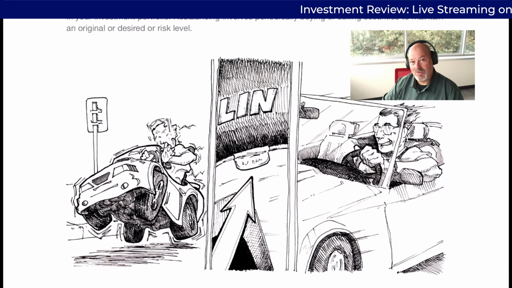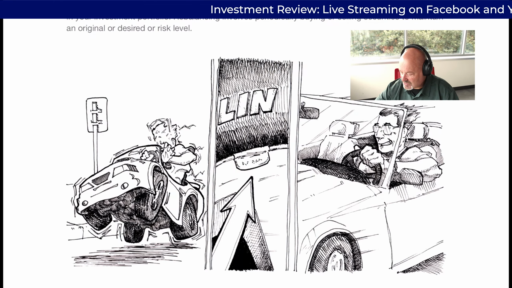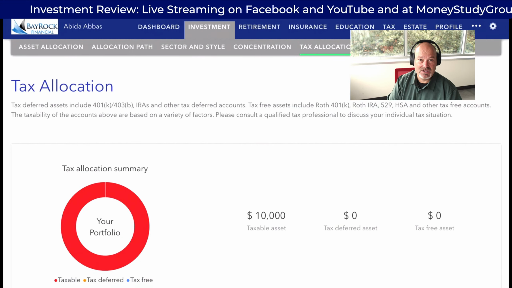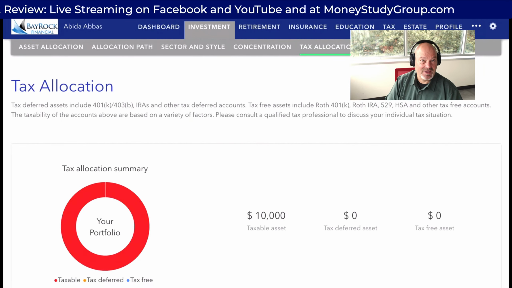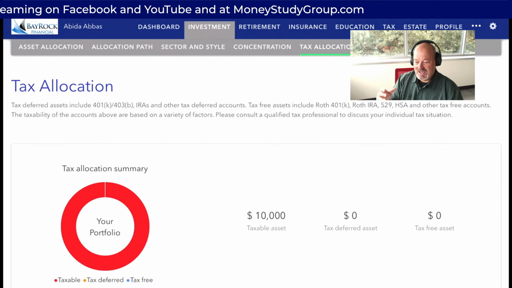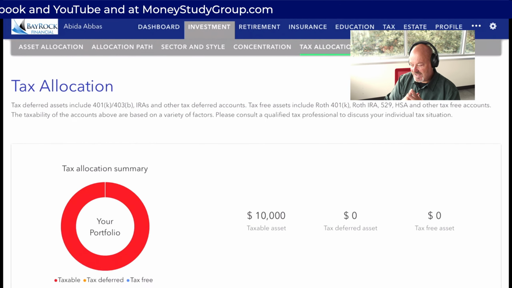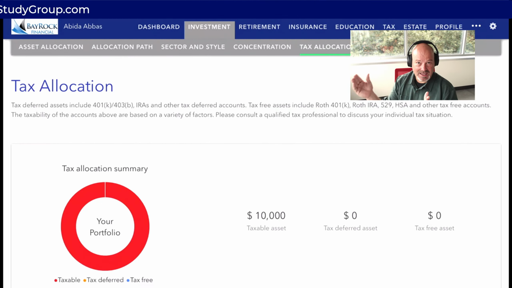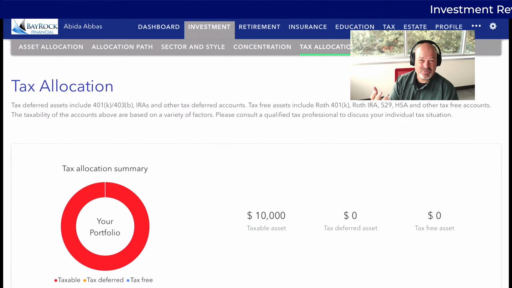So now I want to transition into the last part of today's lesson, which is tax advantage investing. And what it is really just taking your investments and making sure that they're allocated to different types of accounts. So we have 3 basic buckets that I want to make sure you understand.